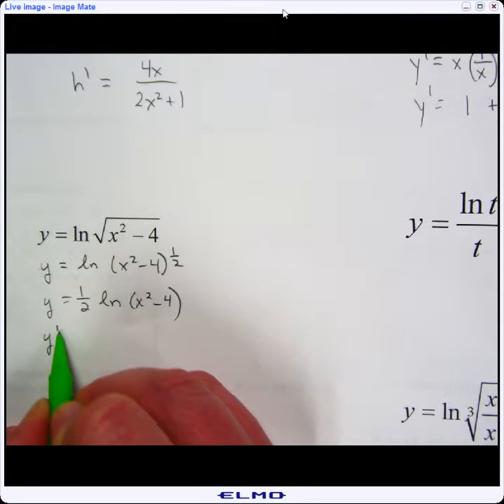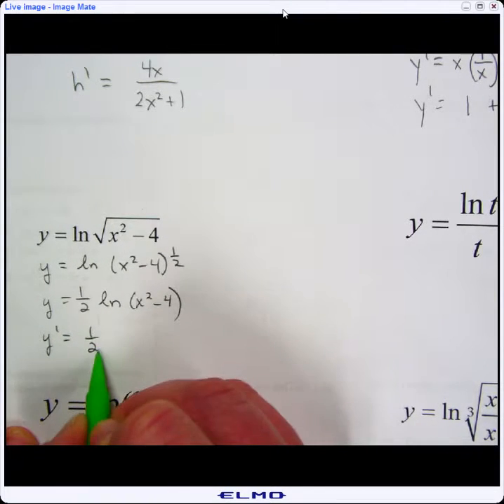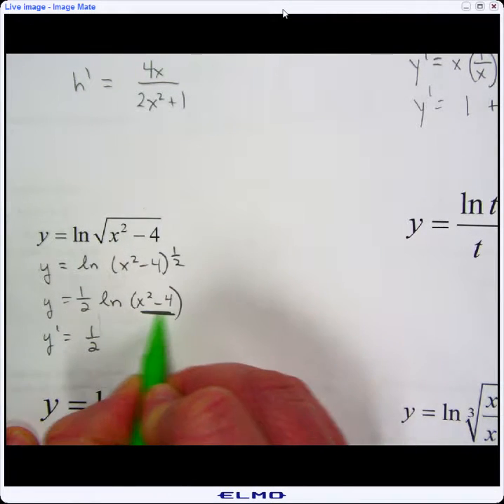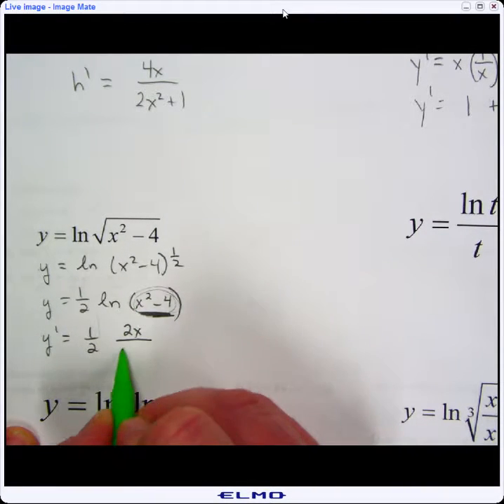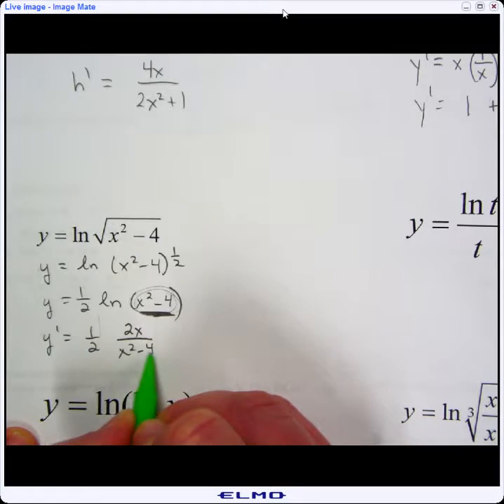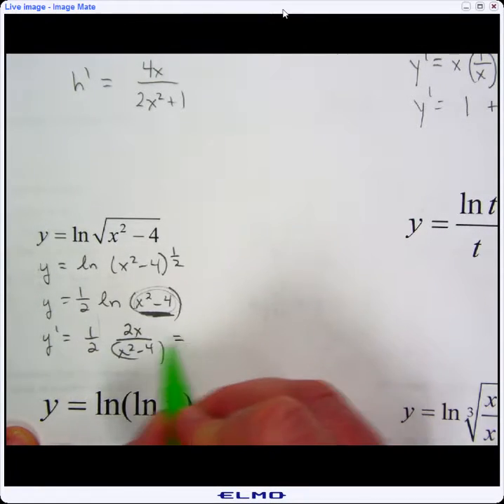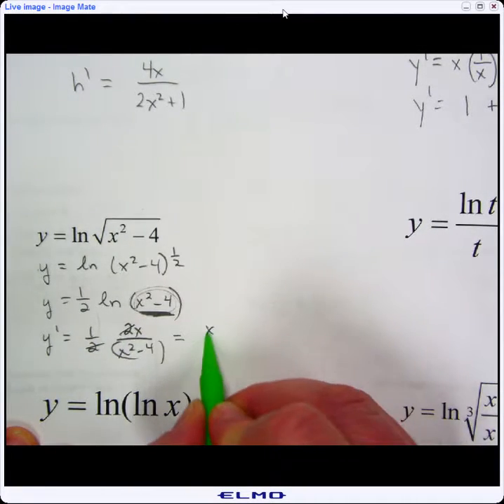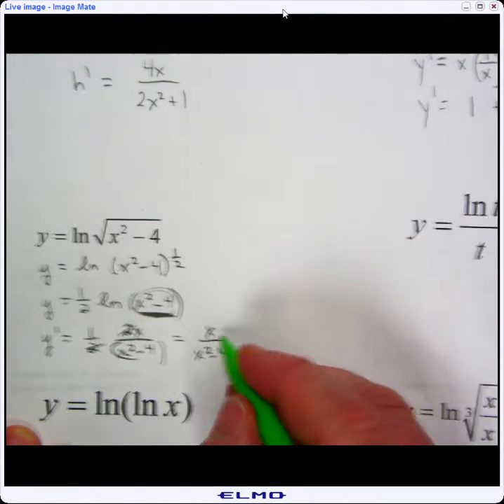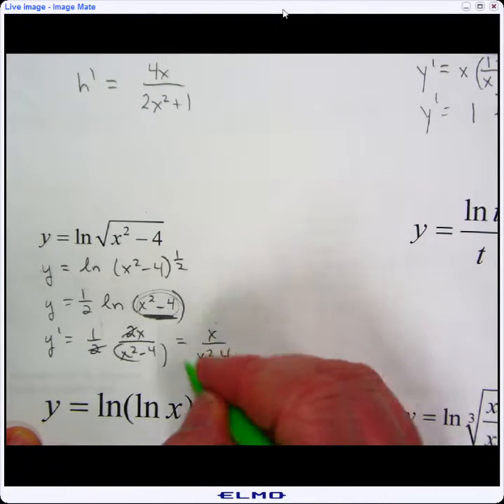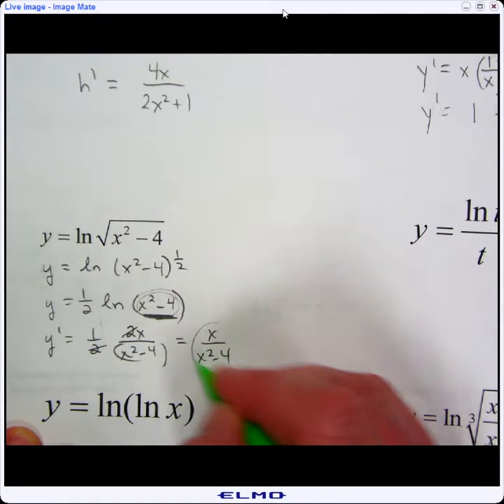So y prime, half is along for the ride. U prime over u. U prime would be 2x. That's my u over u. So the 2's cancel out. You get x over x squared minus 4. Half is gone. You will see some things with logs that they'll kind of regenerate back to themselves.